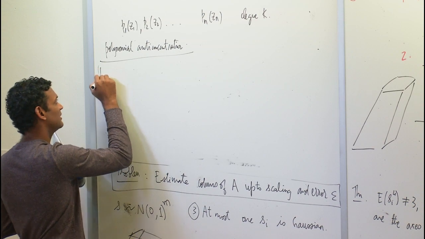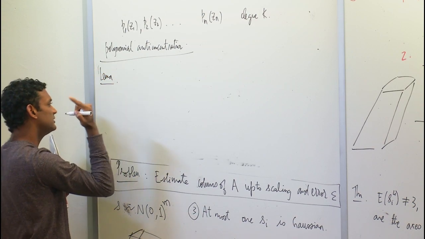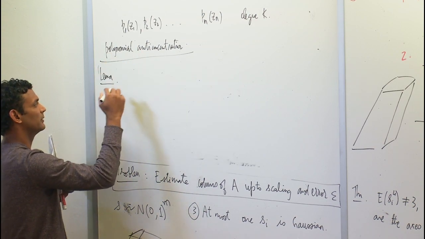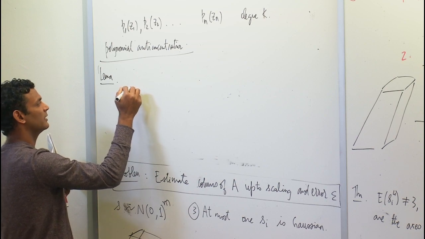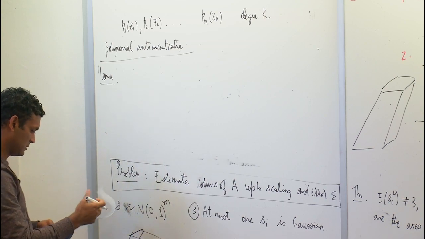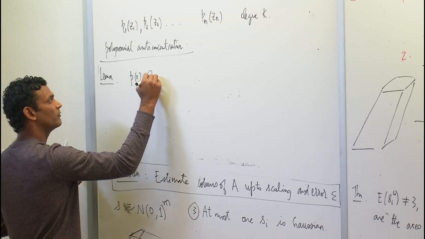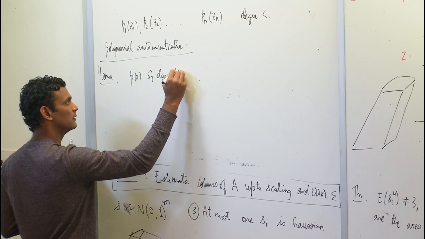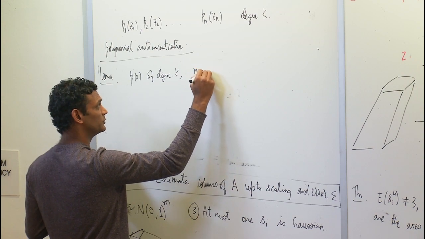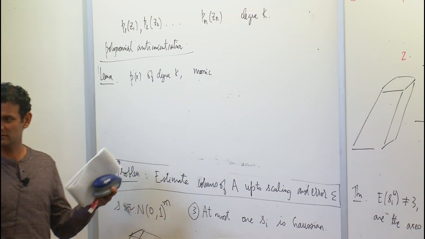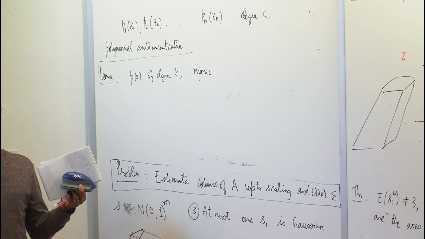And let me just state that lemma. Let's do it for a single polynomial, and it won't make any difference. So let's take a polynomial p(x) of degree k, and it's monic. That just means the leading coefficient is at most 1.